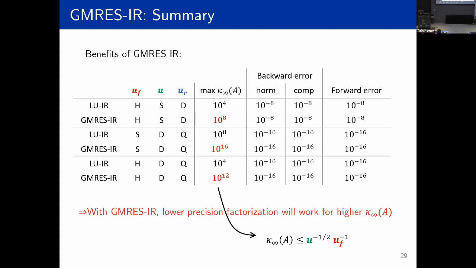The constraint on my condition number has to be less than 1 over the square root of the working precision times 1 over the factorization precision. So this is pretty amazing, right? I can still guarantee double precision accuracy using half precision for the factorization if my matrix is ill-conditioned up to 10 to the 12. To me that's pretty amazing.